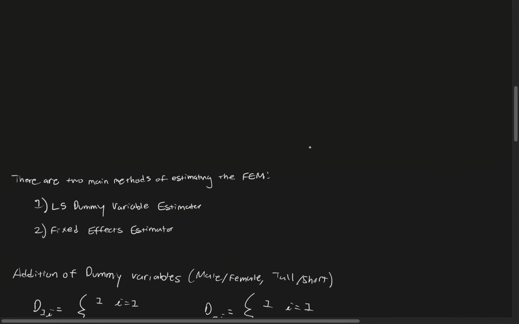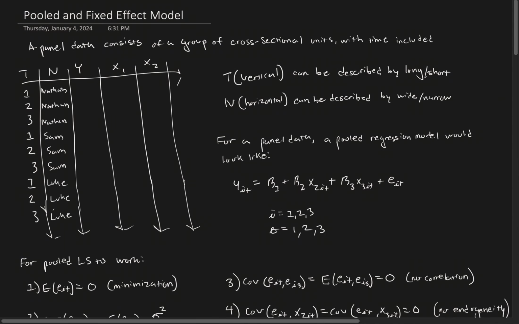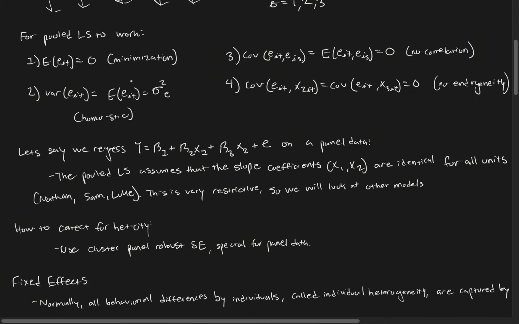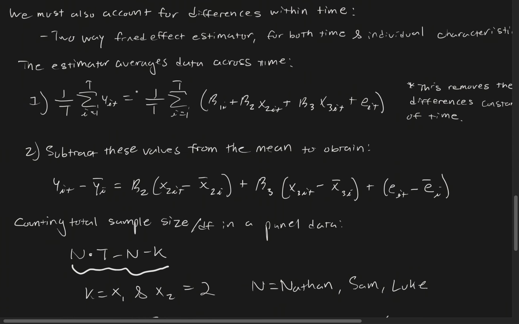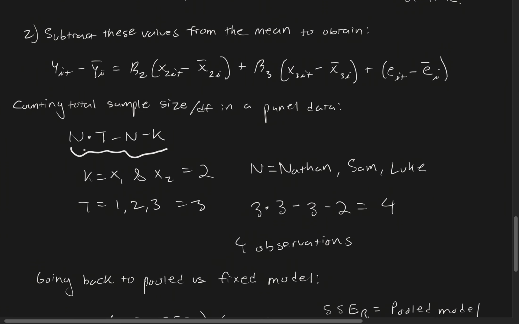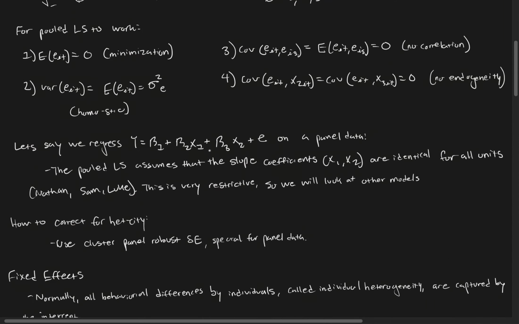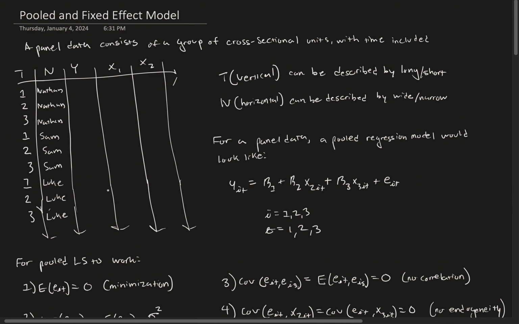Just in here, we have Nathan, Sam, and Luke, so we'll call n equals 3 because we have 3 different individuals. Each individual has a time set of 3 units. And then we have 2 coefficients, so k equals 2. So using all that together, n equals 3, time for each unit is 3, so 3 times 3, minus 3, n, and then minus the number of coefficients, 2. So we actually only have 4 observations when it comes to just this panel data alone.